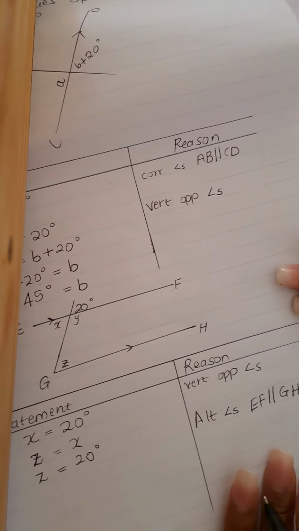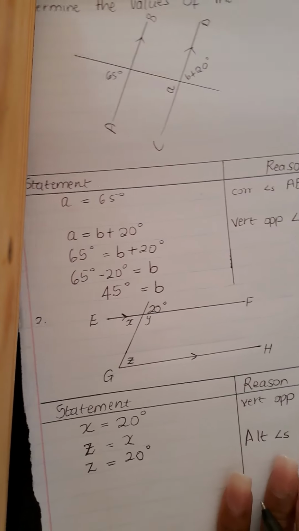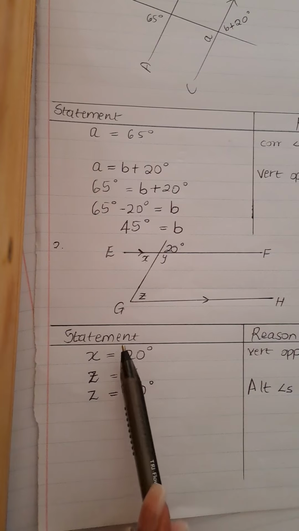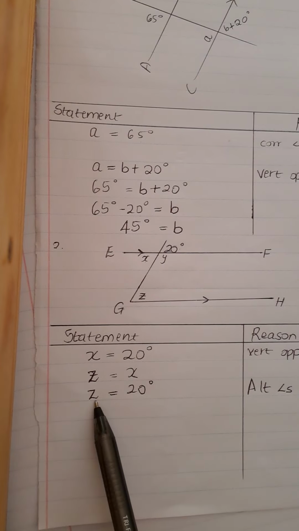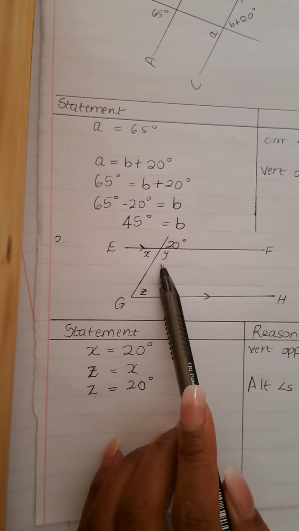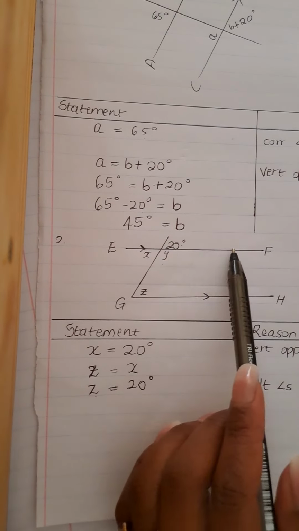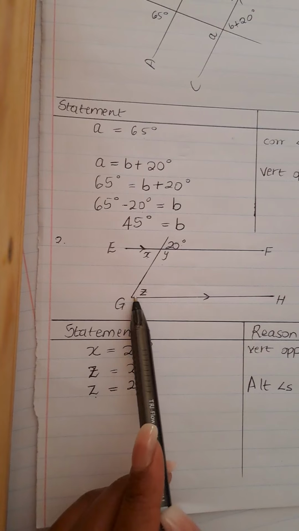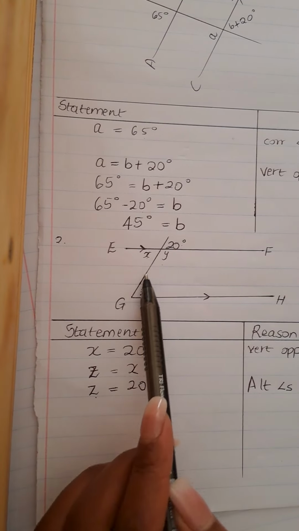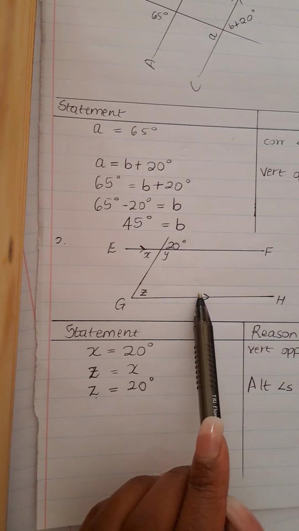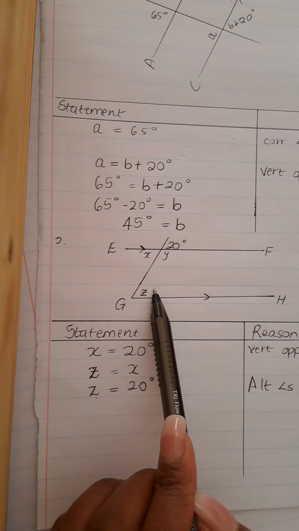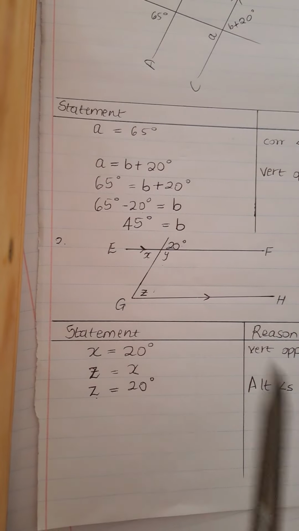Okay, all right, and now we have the value of x as well as the value of z. We need to calculate the value of y. Again, if you follow my hand like that, you can see you have a U facing that direction, meaning y plus z needs to give us 180.